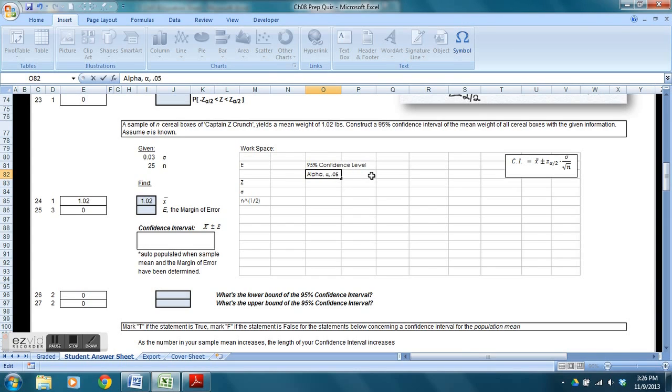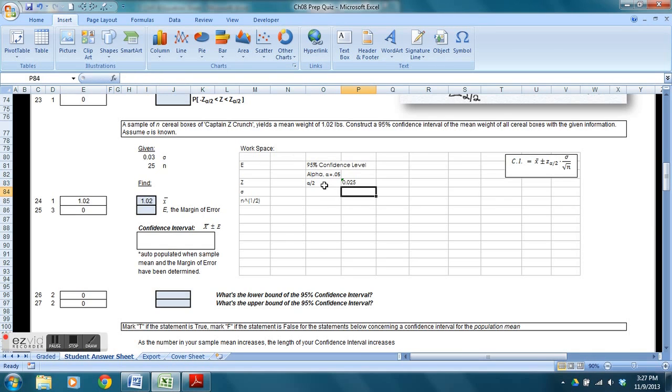We want to look at a Z term that has alpha over 2, so our alpha over 2 value equals 0.05 divided by 2, 0.025.